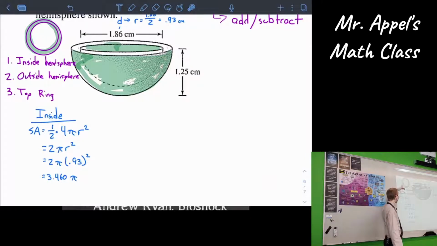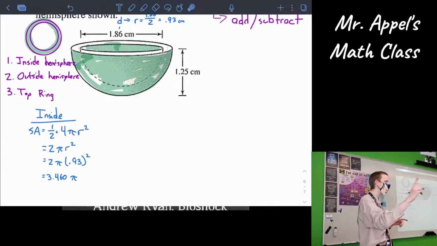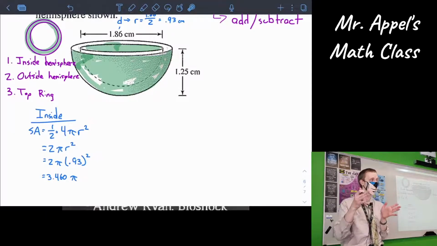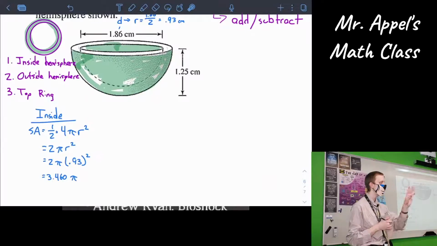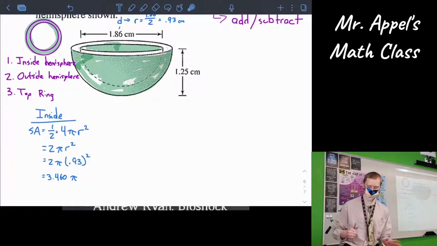All 3 pieces, we expect to have pi in their answers. So if I add so many pi plus so many pi plus so many pi, I could factor out that pi and only involve it once. I mentioned this before. If you want the most precise answer possible, multiply by that decimal approximate version of pi 1 time. Save it for the very end. So that's what we're going to try to do.